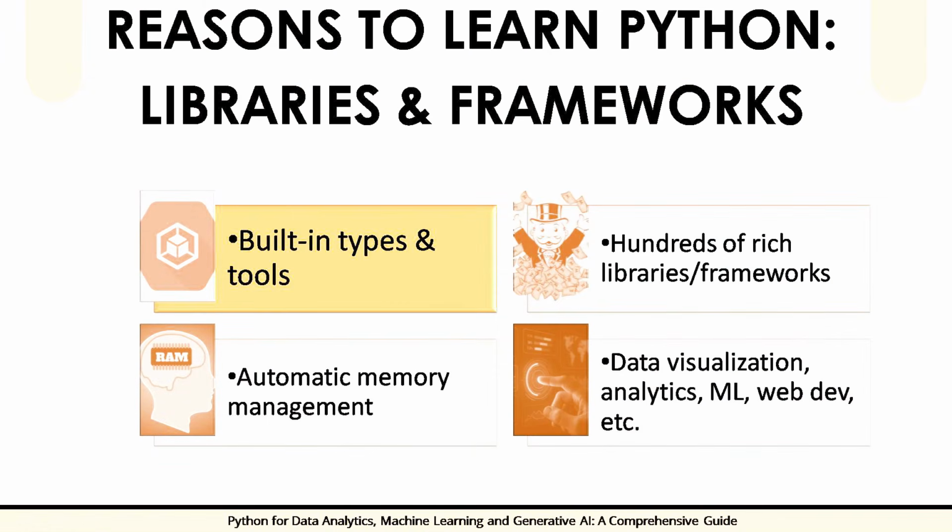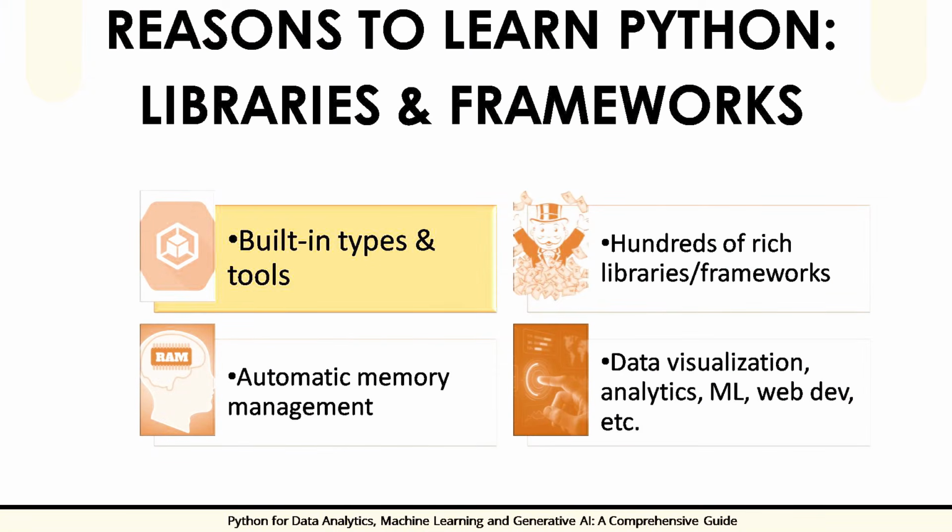Python is also popular because of its libraries and frameworks. It comes with many built-in types and tools that make programming easier, and on top of that, there are hundreds of rich libraries and frameworks created by the community. These save a lot of time because you don't need to build everything from scratch.